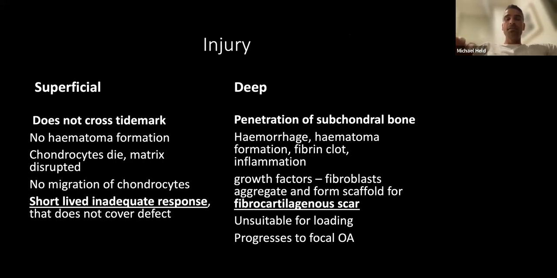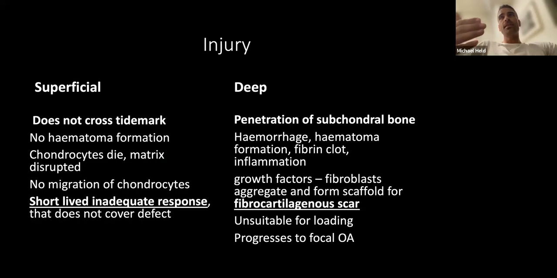And the chondrocytes are not really able to establish a good response and cannot produce enough fibrocartilage, and it can't stick properly into the defect. So it just shears off. And so it's not an adequate cover, and it's a short-lived response to a defect.